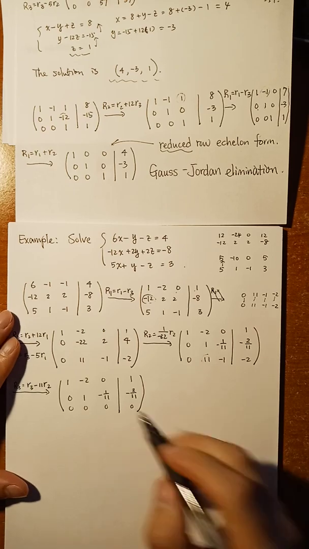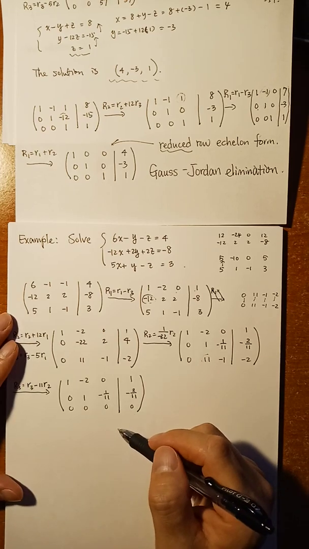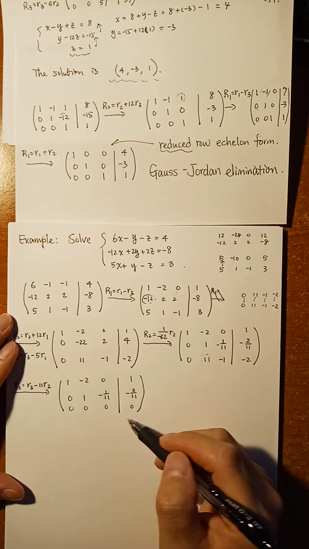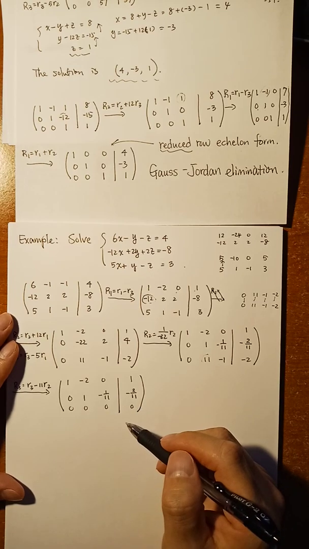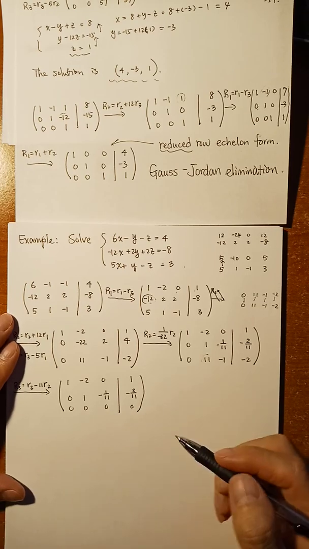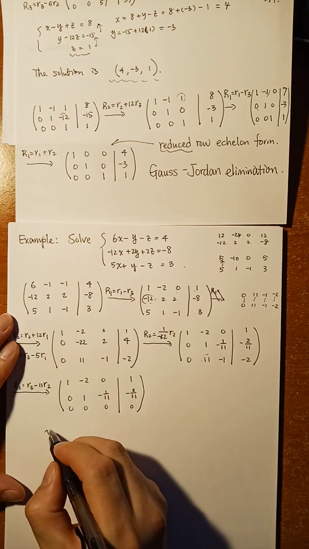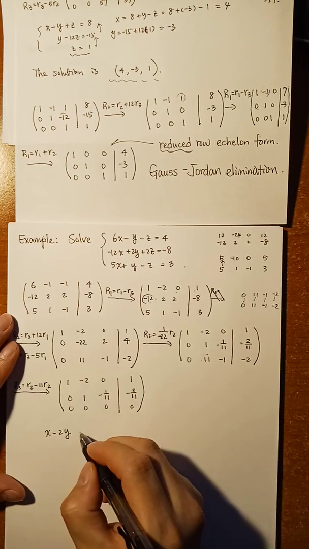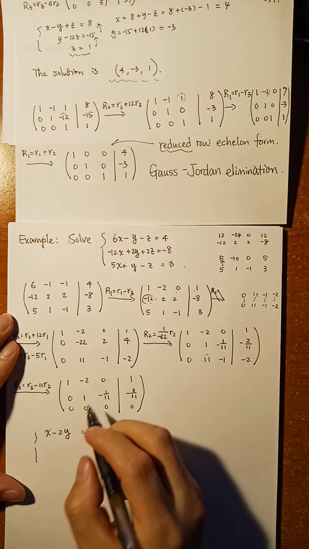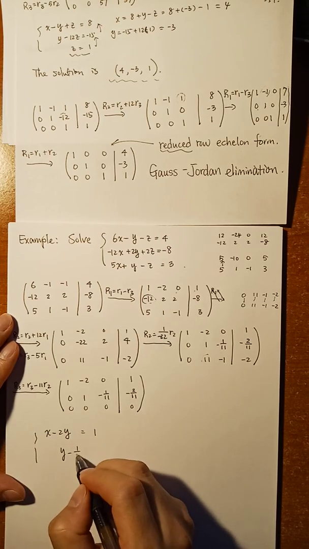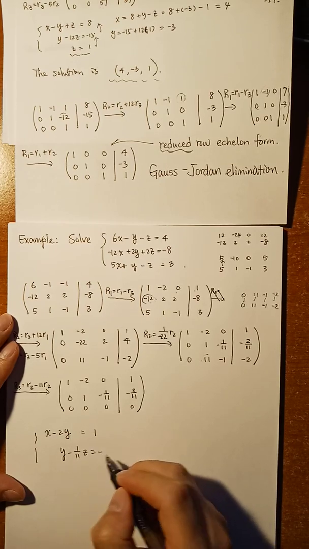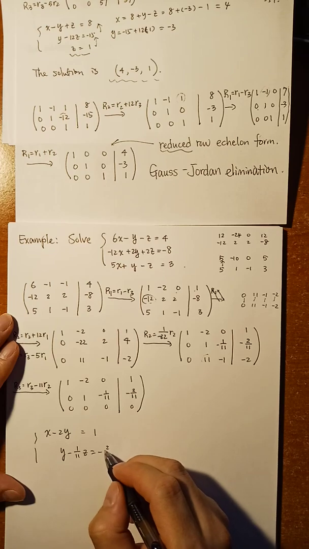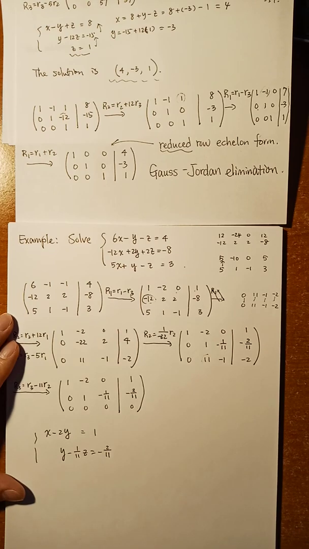All right, and then we are going to write back the matrix in the system of equations form. So the first one is x minus 2y is equal to 1. Second equation is y minus 1 over 11 z is equal to negative 2 over 11. Right?